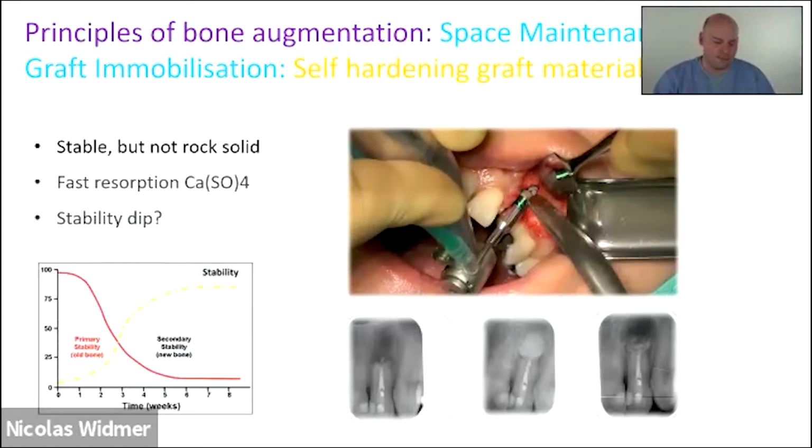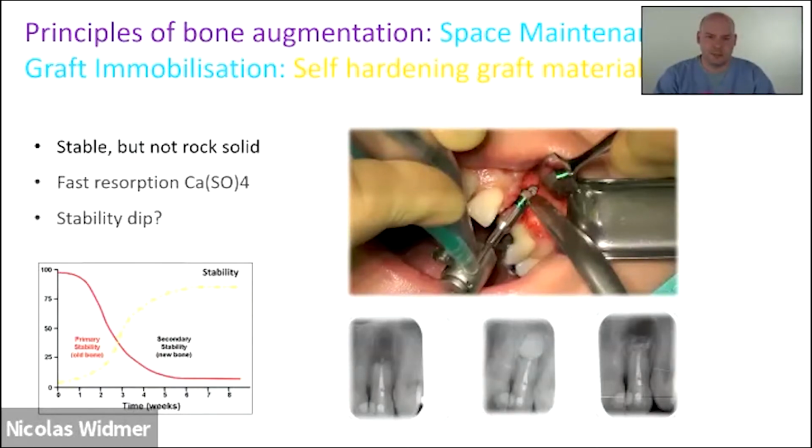But I was thinking about this when I did the lecture last night. Maybe there is also kind of a stability dip in graft materials, also in EthOss. When we take X-rays after placing EthOss, maybe after 4 weeks, we often see a hollow in the X-ray.